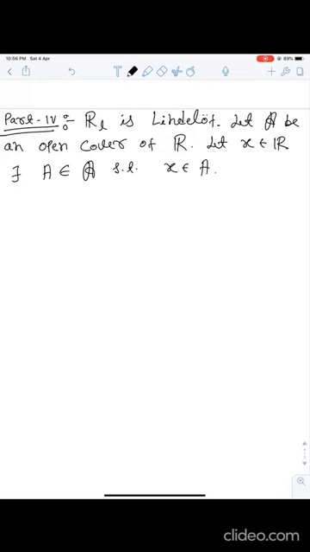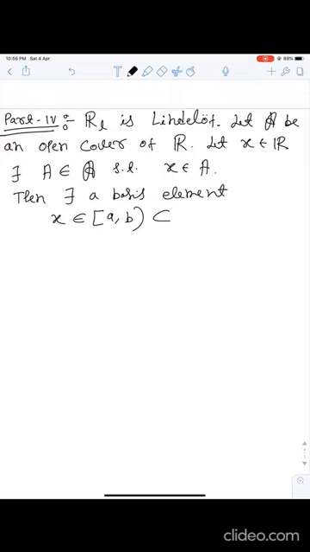Now then there exists a basis element such that X belongs to [A, B), which is a subset of A. We always get this kind of basis element, right?